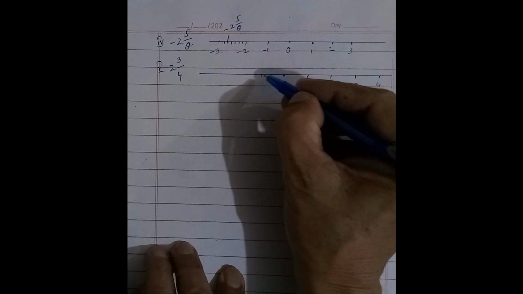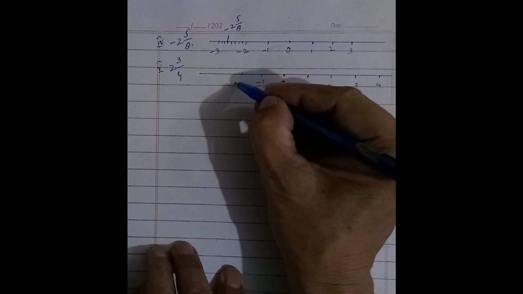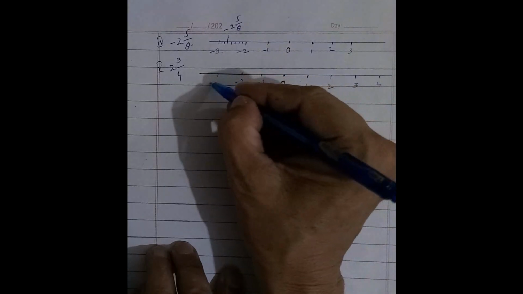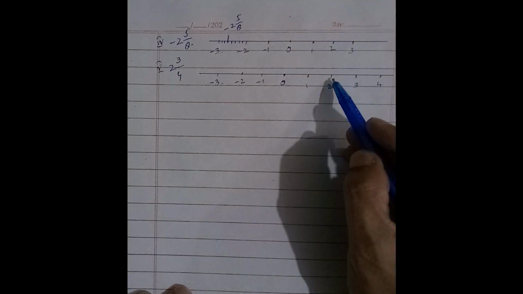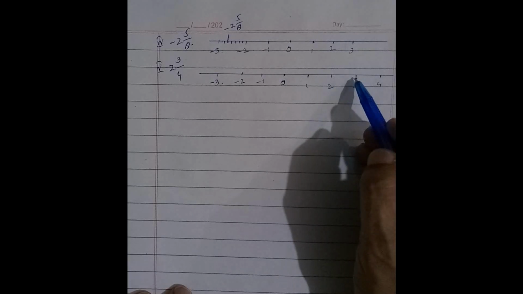And the negative points minus 1, minus 2, minus 3. The point 2 whole 3 over 4 means 2 is complete and 3 over 4 is between 2 and 3.